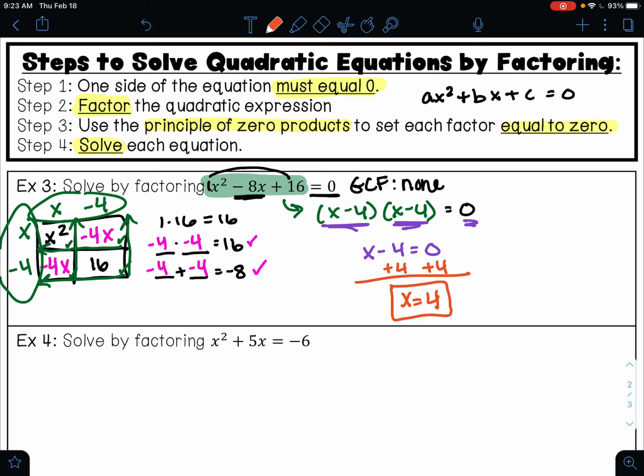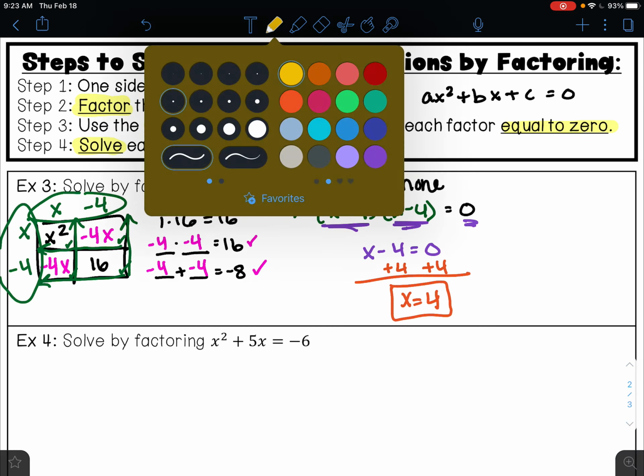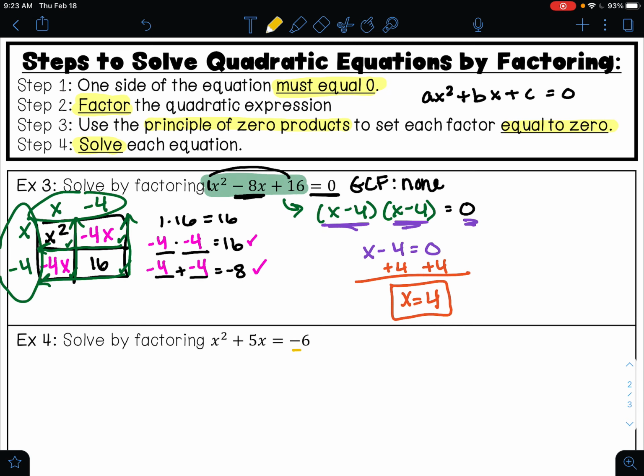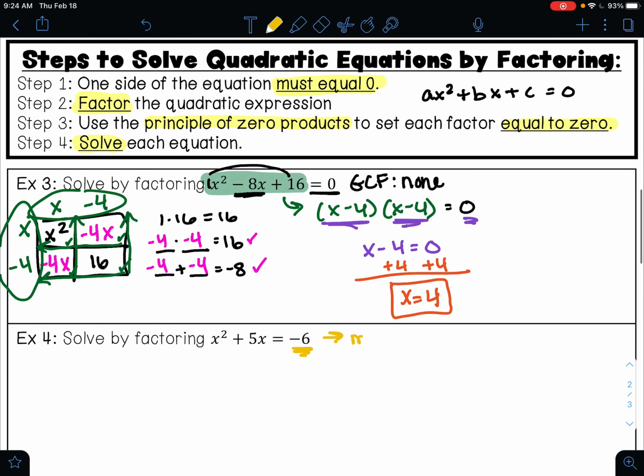Let's try example 4. It says solve by factoring. Well, remember, to use the principle of zero products, it must equal 0. Since this one does not equal 0, I need to move this −6 to the left side. Well, to undo subtraction, we do addition.